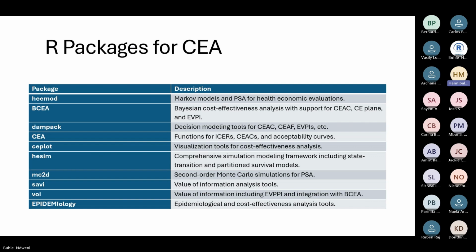So for this workshop, I'm going to show you what I did using BCEA to assess the cost effectiveness of two interventions, comparing the two different interventions with the standard, and also comparing those two interventions one at a time with the standard. So this way you can see how best you can approach your cost effectiveness analysis.